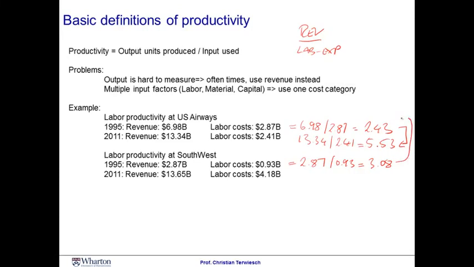You see here that this was a significantly higher number than US Airways had at that time. 16 years later, Southwest was able to grow its business to $13.65 billion. However, labor expenses also grew significantly and were now $4.18 billion, creating a labor productivity of 3.26, which is actually slightly lower compared to the current numbers at US Airways.